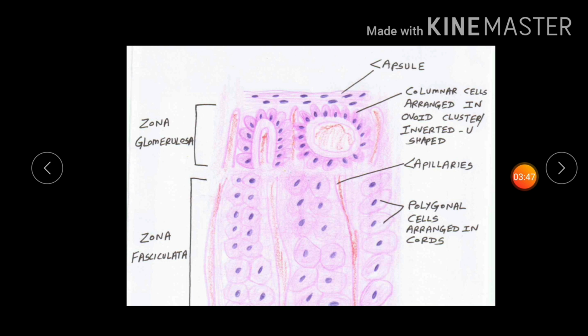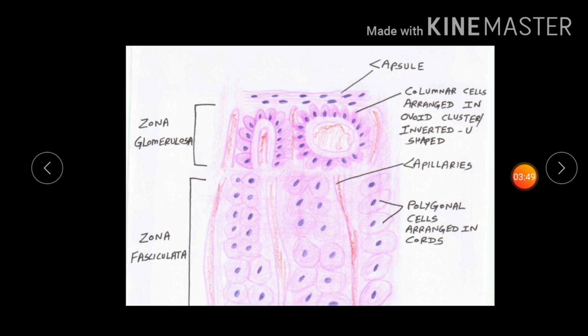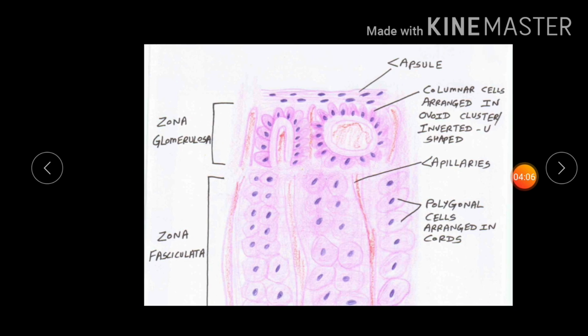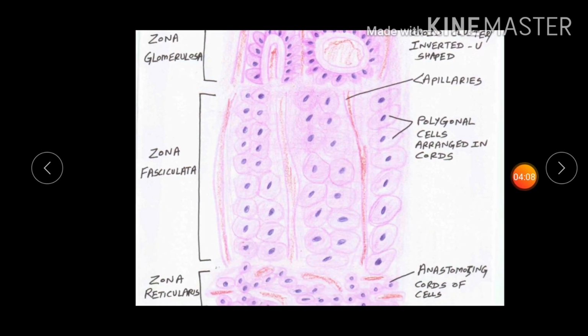Now within the zona glomerulosa, you can see the cells arranged in the form of inverted U-shaped arches or clusters of columnar or pyramidal cells. After the zona glomerulosa, there is another layer termed the zona fasciculata.